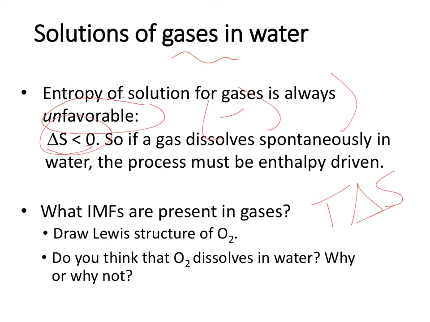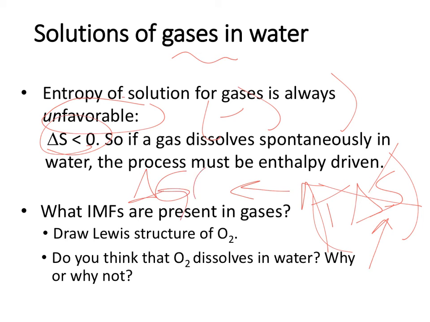It emphasizes the T delta S term if we increase it. And if we know entropy is unfavorable, an increase in temperature is going to move the free energy term towards a positive, non-spontaneous process. So we always want low temperatures for gases.